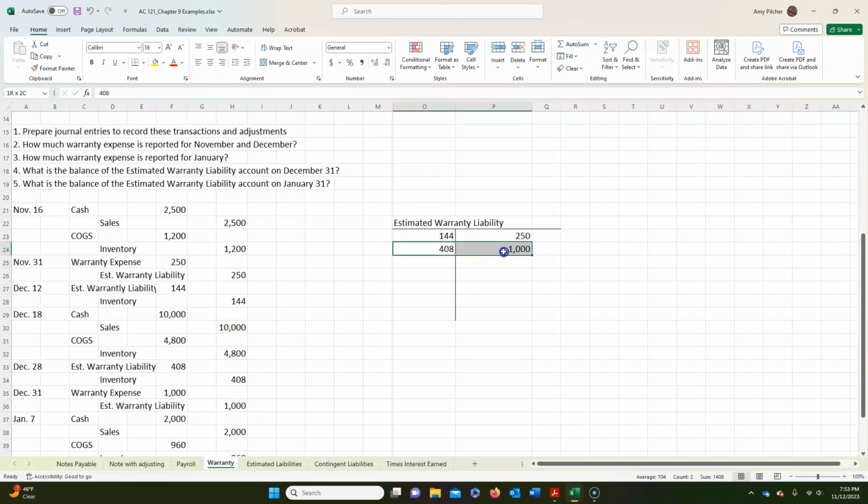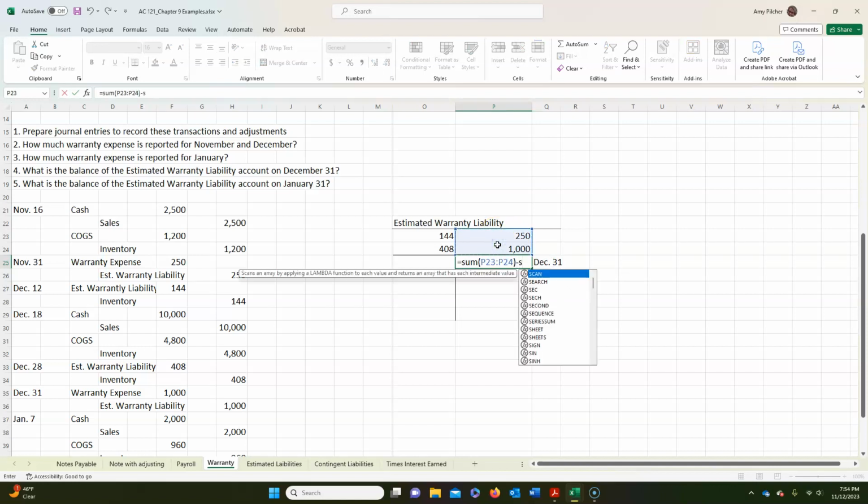Okay, so now we want to know, what is the December 31st balance? So we're going to have the sum of our credit side minus the sum of our debit side.